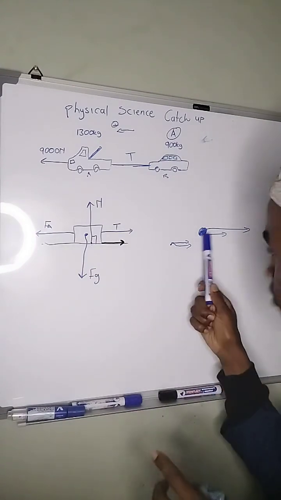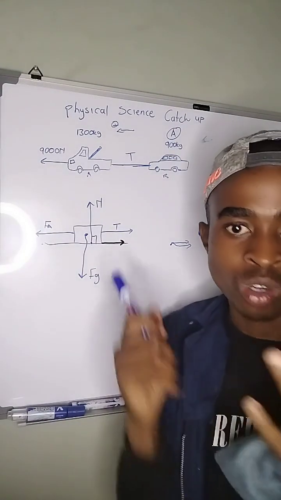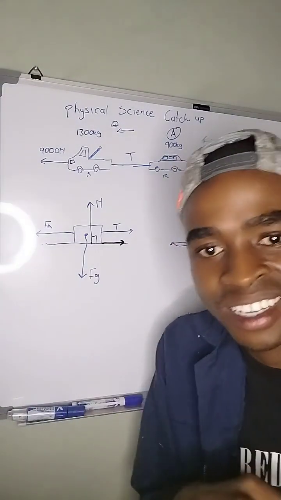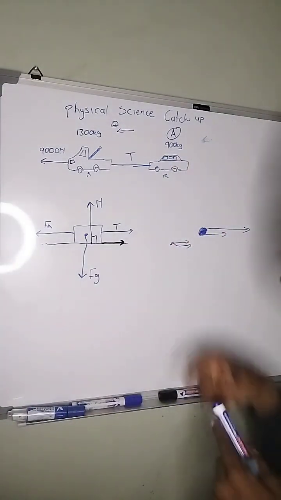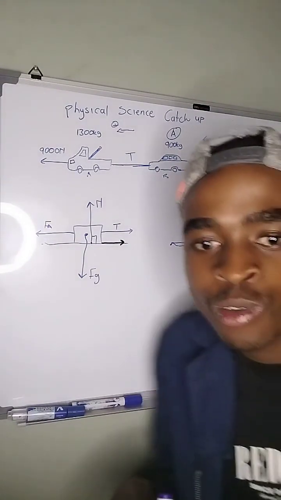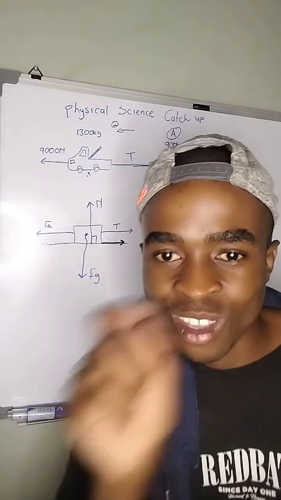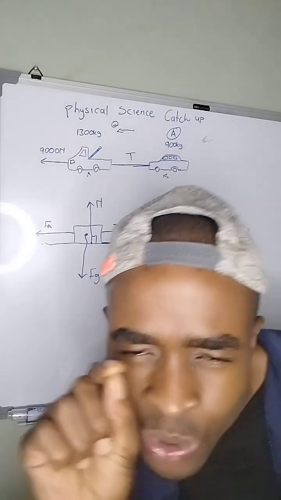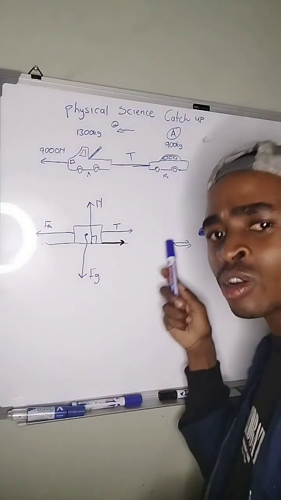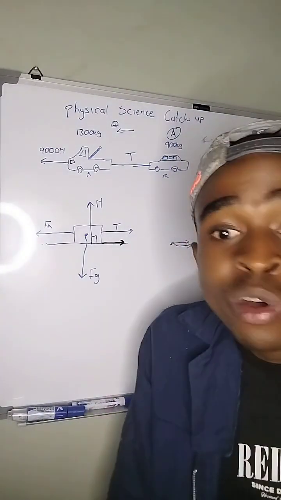Make this dot big so that you can freely draw your forces. Thank you very much if you understand. Draw this dot to be big, to be visible, because they won't measure the size.